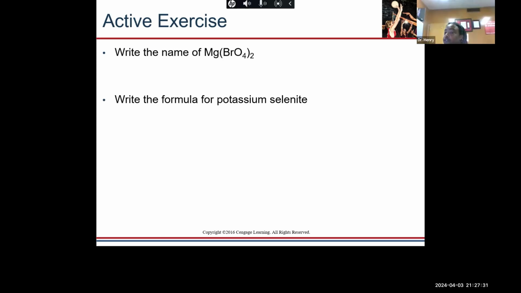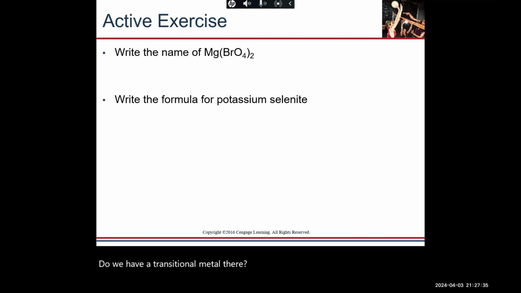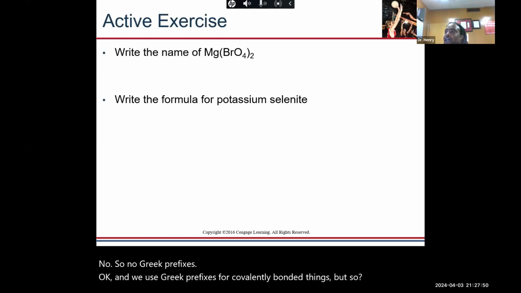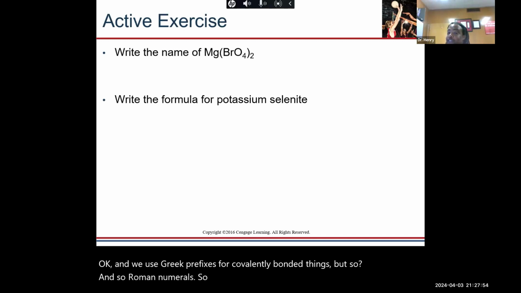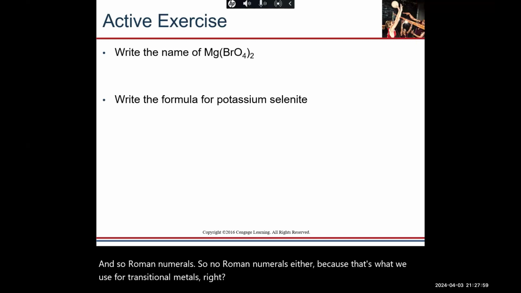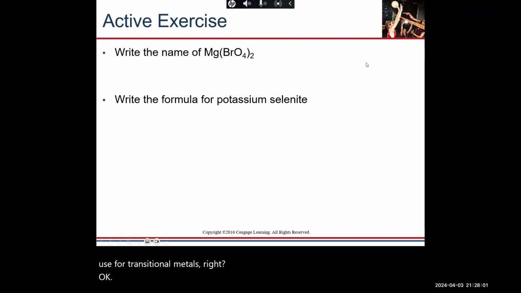Do we have a transition metal there? No, so no Greek prefixes. I meant Roman numerals, sorry. We use Greek prefixes for covalently bonded things. And no Roman numerals either, because that's what we use for transition metals. So what are we going to name it?